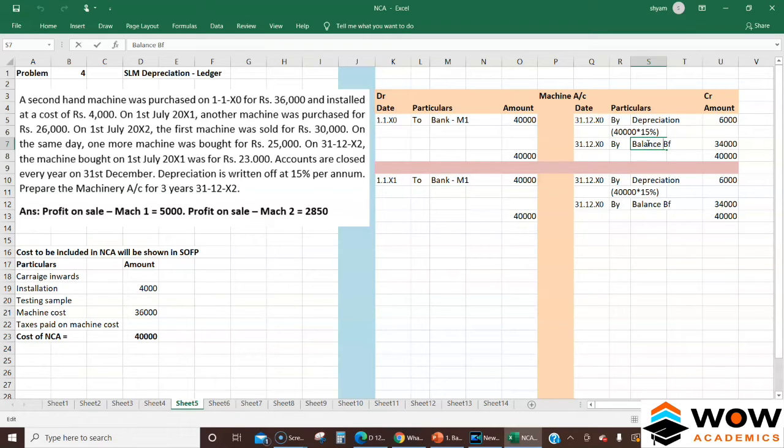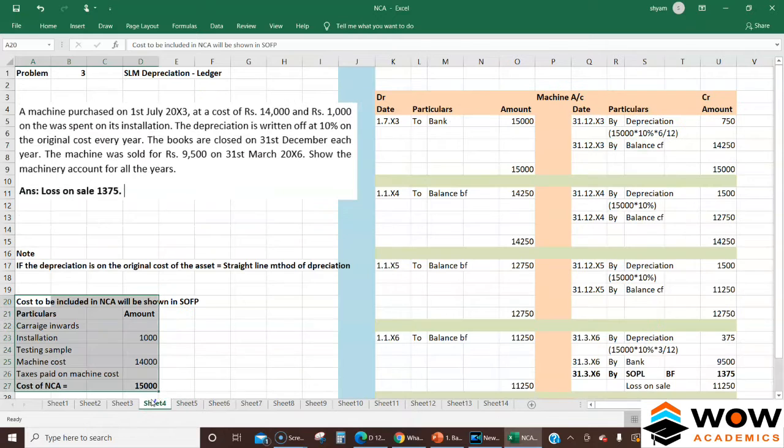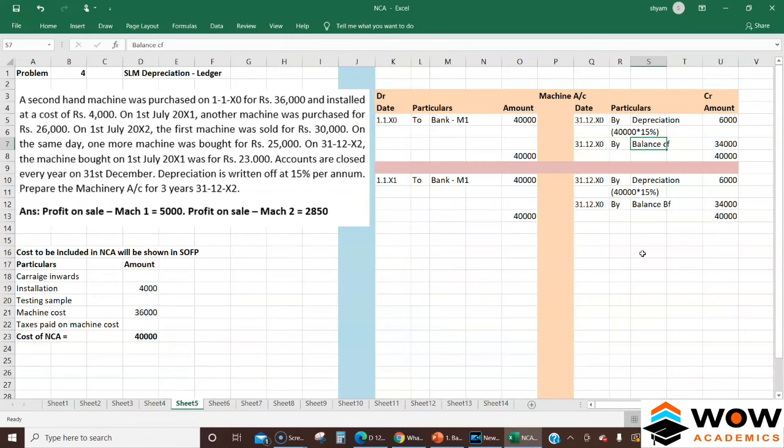Sorry, it is brought forward, not carried forward. So we have a brought forward of 34,000.